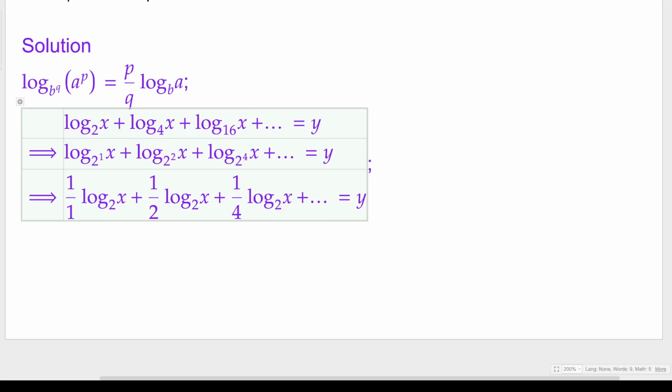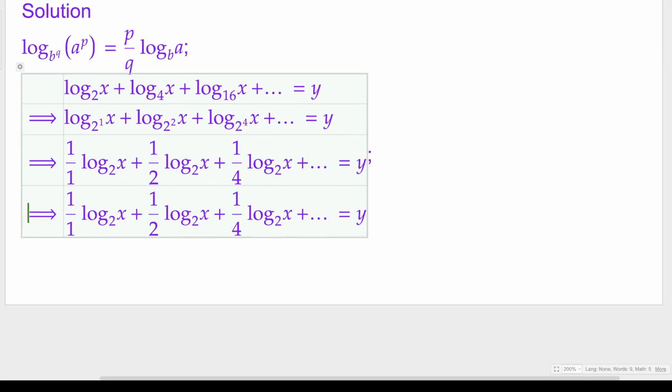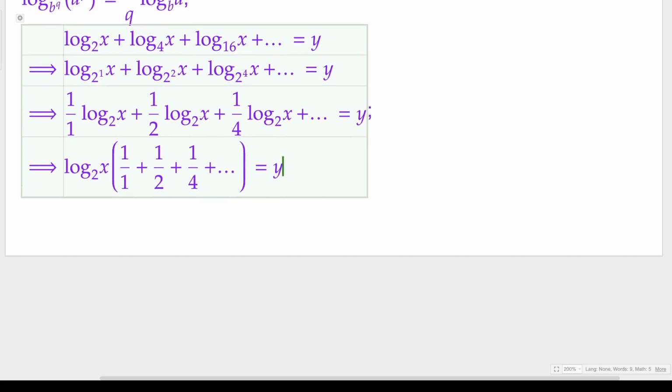Now we can clearly observe one thing: on the left hand side of the expression, log x base 2 is the common factor. So let me factor this part out, and now you can clearly observe that this is an infinite geometric series.